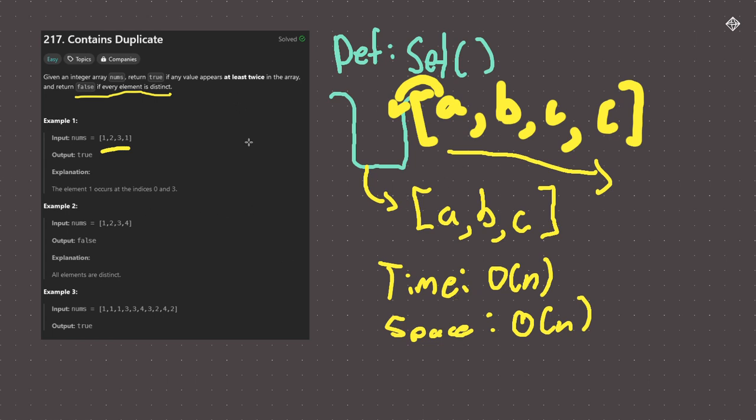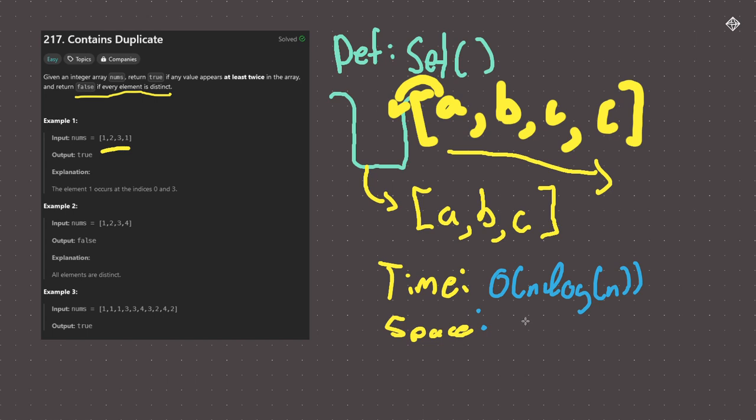Now, one thing I forgot to mention, which I believe I should, is the time and space complexity of our sorting algorithm. If we sort it, we actually get a better time complexity, O of n log n.